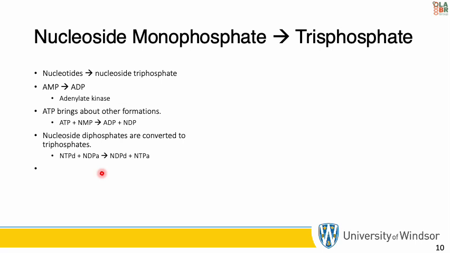This enzyme is notable in that it is not specific for the bases, the purines or the pyrimidines, or the sugar, which is the ribose or the deoxyribose. So this non-specificity applies to both phosphate acceptor and donor, where the acceptor is the A over here, and the D is the donor over here.